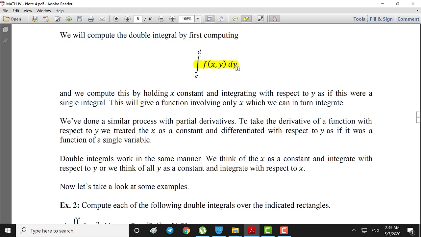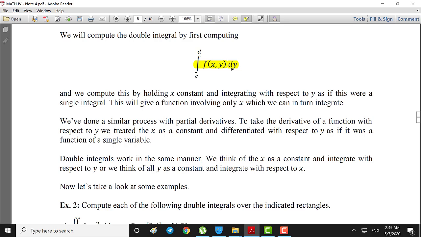If we used the other notation and we were calculating the integration from a to b of f of x and y dx, then we would consider y as a constant.